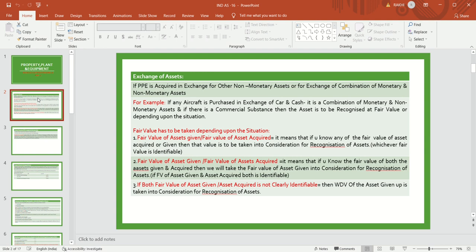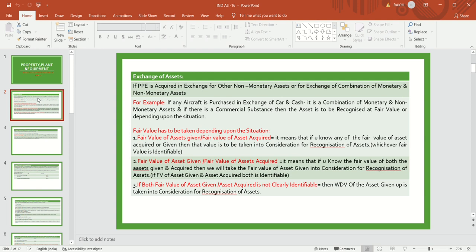But if the assets have the same class and same nature, then that transaction does not have a commercial substance. So in this transaction there is a commercial substance, and if there is a commercial substance, then the asset is to be recognized at fair value, or it depends on the situation. We will discuss the situations one by one.